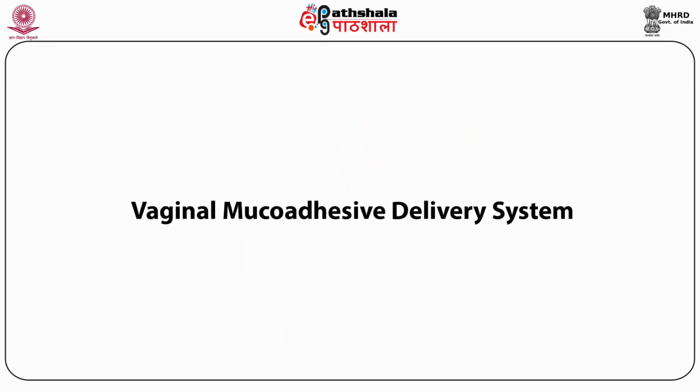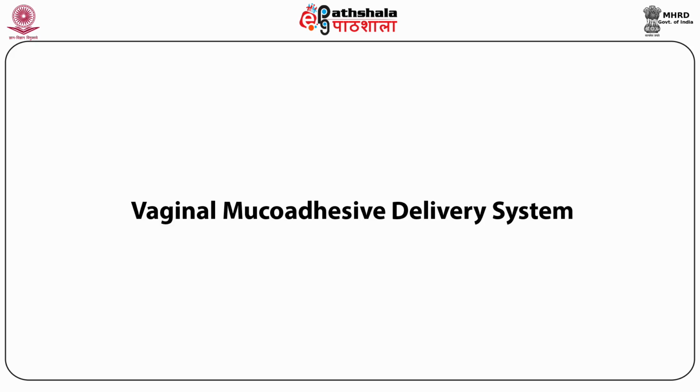One of the major routes of administration, which is perhaps gender specific but has taken complete advantage of the availability of mucoadhesive polymers, is the vaginal route. This route is amenable and very suited for delivery of local as well as systemic drugs by virtue of using various types of mucoadhesive polymers.